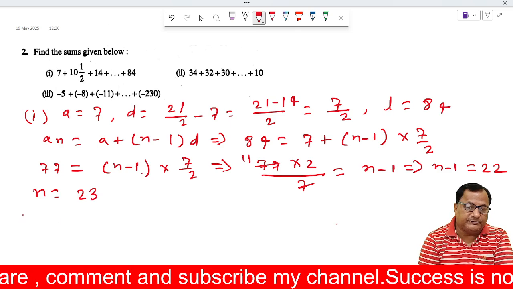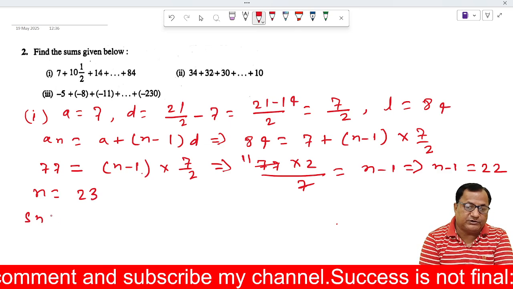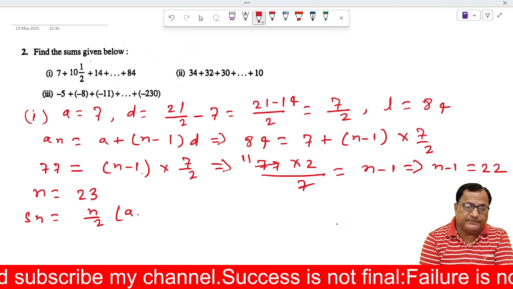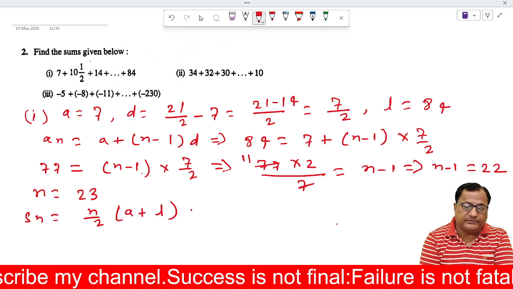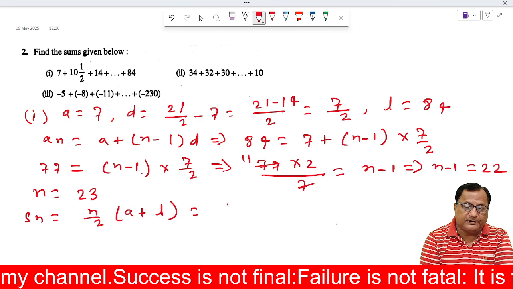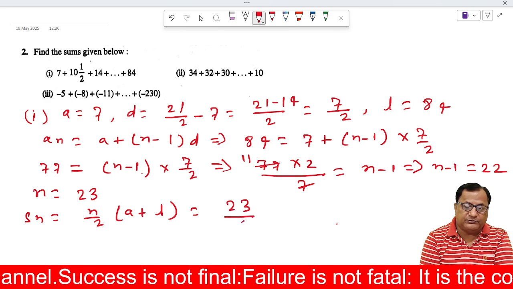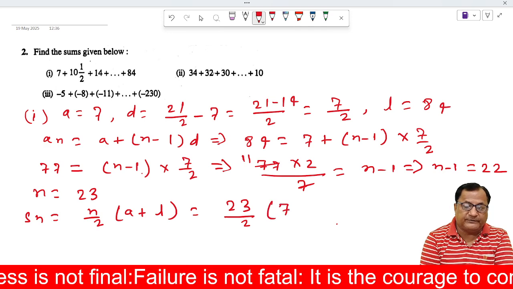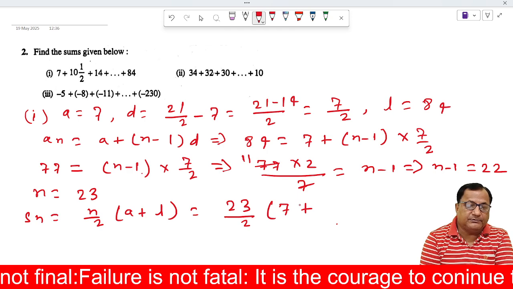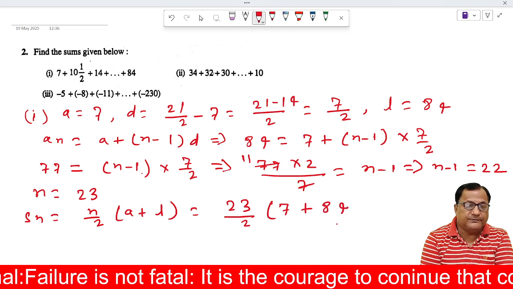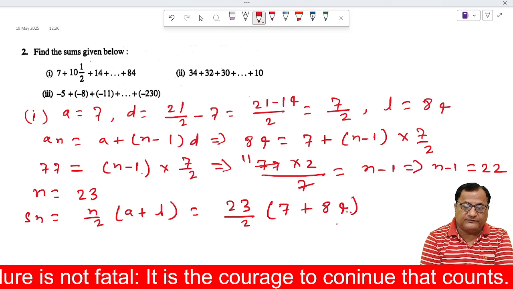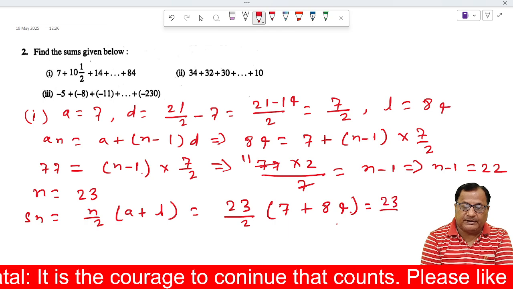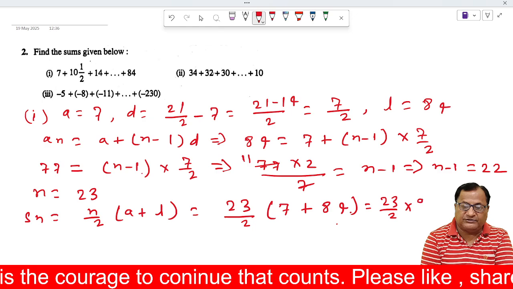Now we will use the formula Sn is equal to N by 2 into A plus L. Using this formula we will find 23 by 2 into A, which is 7, plus 84, the last term L. This will be 23 by 2 into 91.